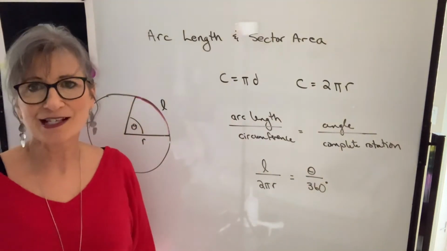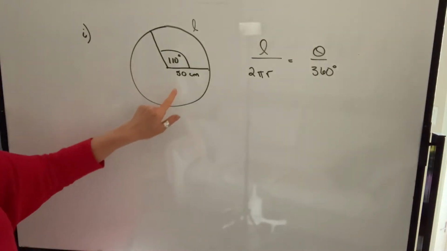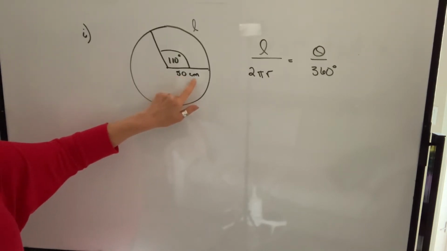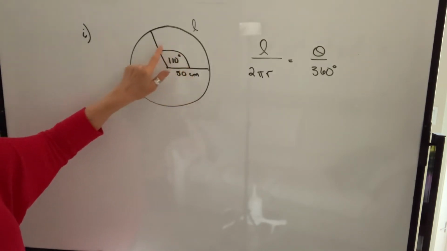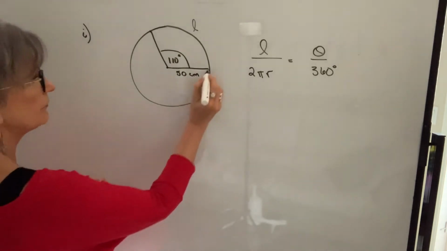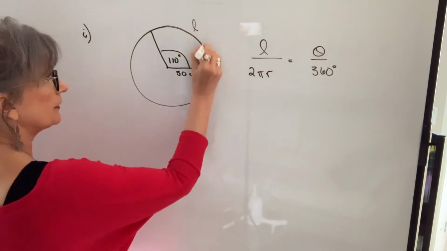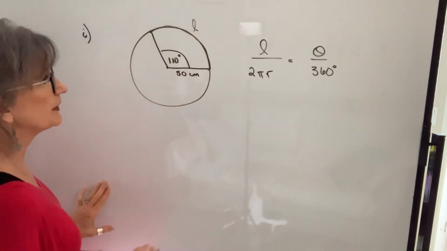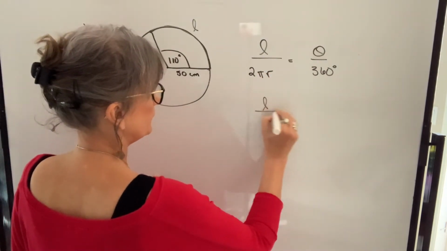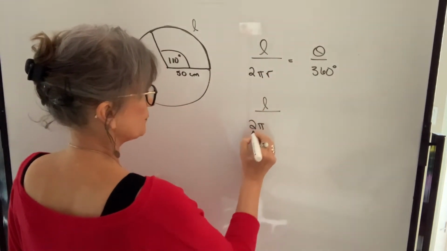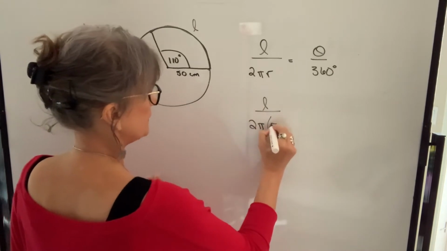Let's take a look at an example. In our first example, we have a circle that has a radius of 50 centimeters and the central angle is 110 degrees. So we want to find this length here along the circumference. That's going to be L. The circumference will be 2 pi times the radius of 50 centimeters.